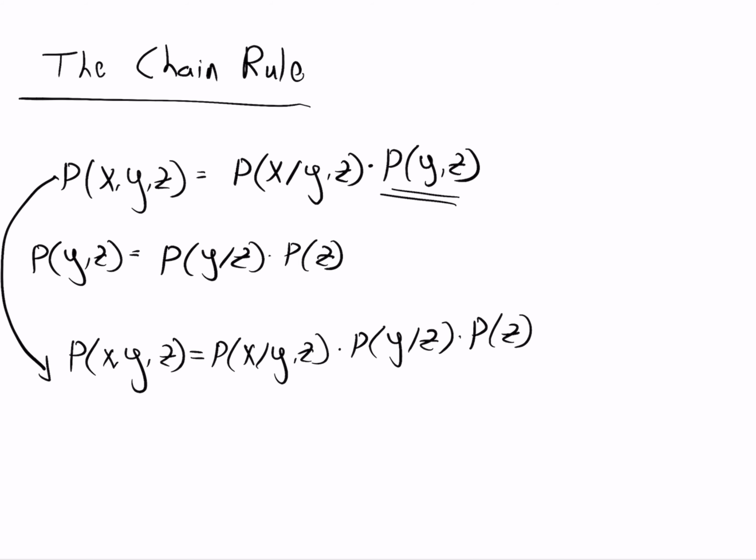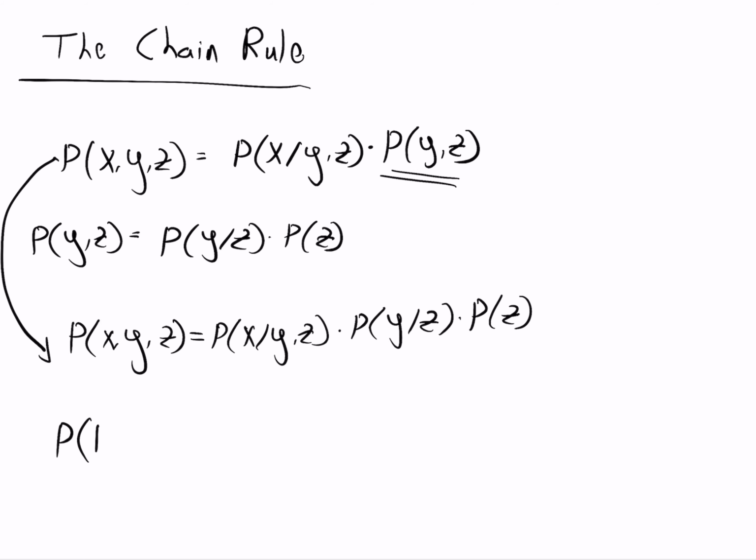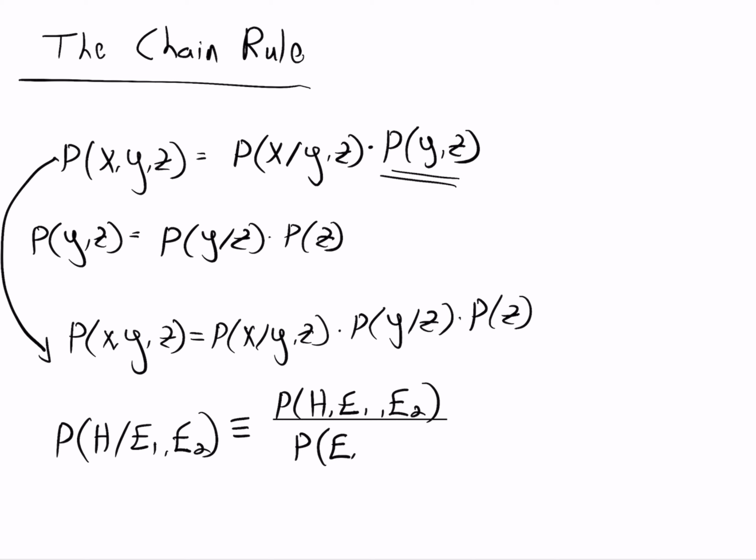How does it relate to here? Let's take the chain rule exactly as we saw it previously, and what we are interested in finding out is P of H given evidence 1 and evidence 2. Now we know that the conditional probability by definition is the joint probability of H, evidence 1 and evidence 2 divided by the probability of evidence 1 and evidence 2. This is exactly what we did. This is the definition of conditional probability.